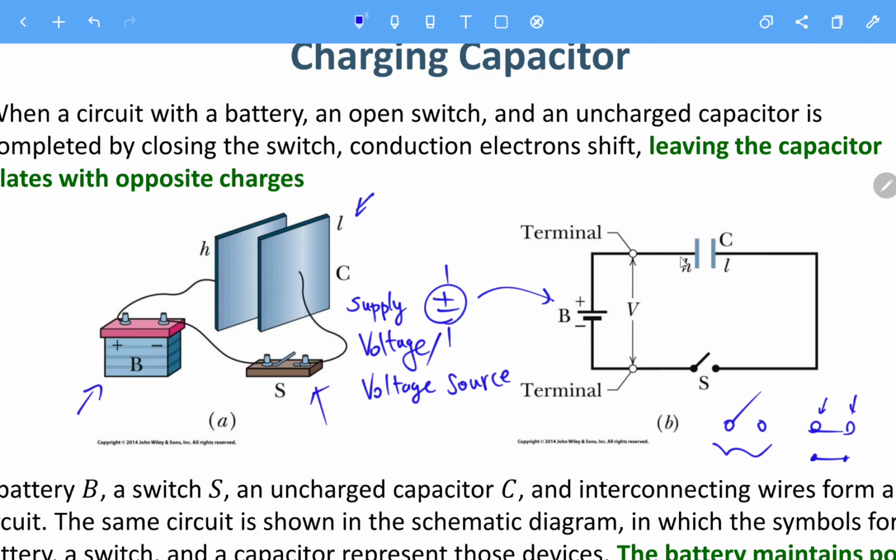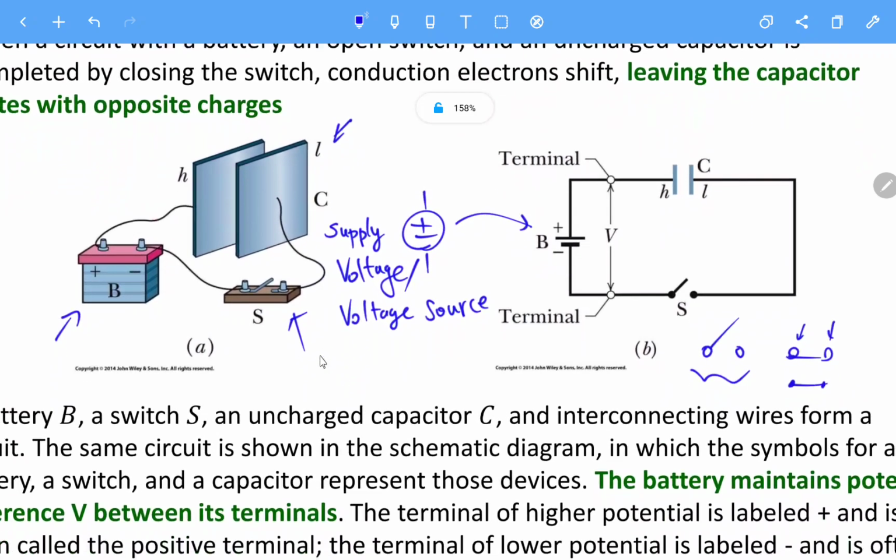But for the capacitor, we use two parallel lines with the same length. So here we have a circuit diagram to describe this circuit.